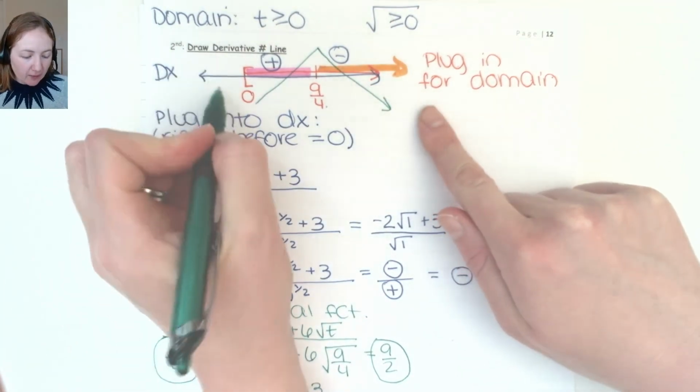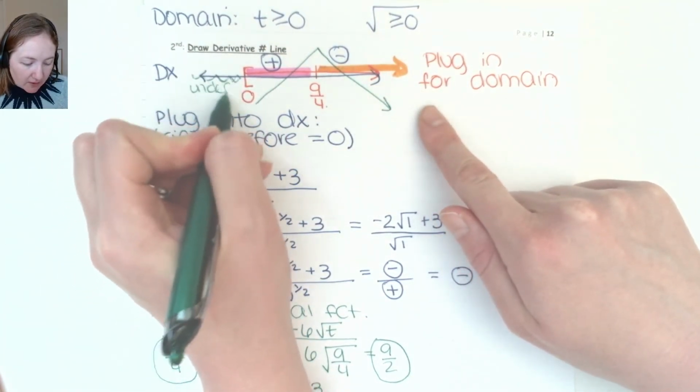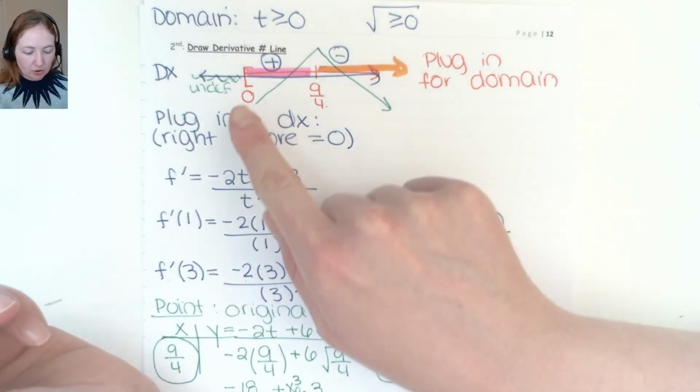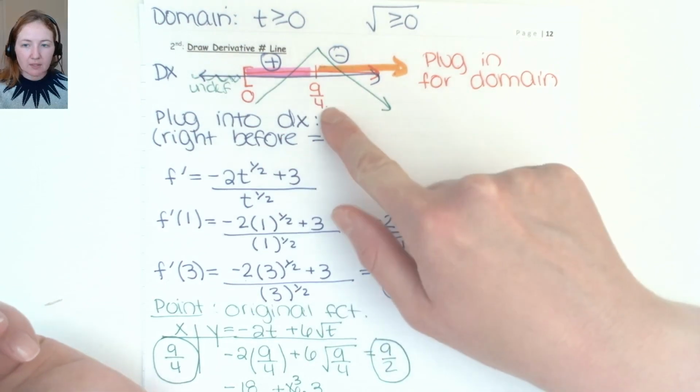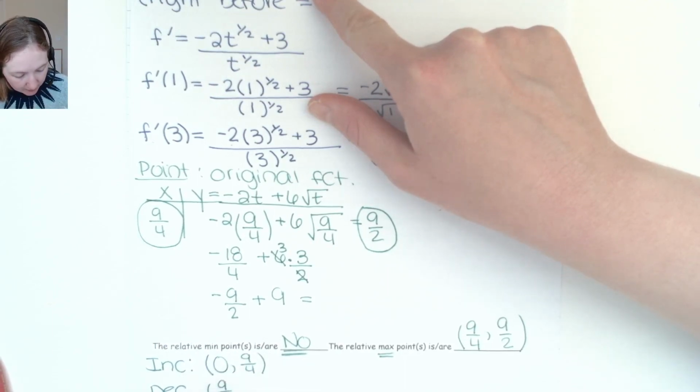So when you're referring back to your domain, you're just going to have 0 to 9/4. So increasing will be parentheses 0 comma 9/4, and then decreasing will be 9/4 to positive infinity.